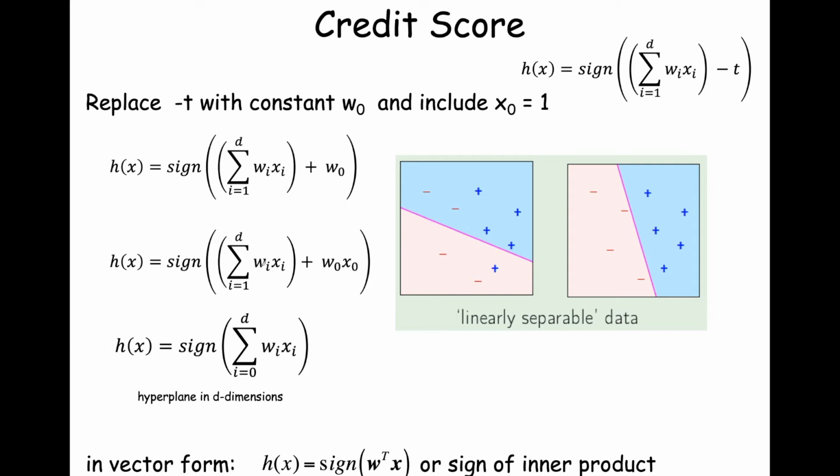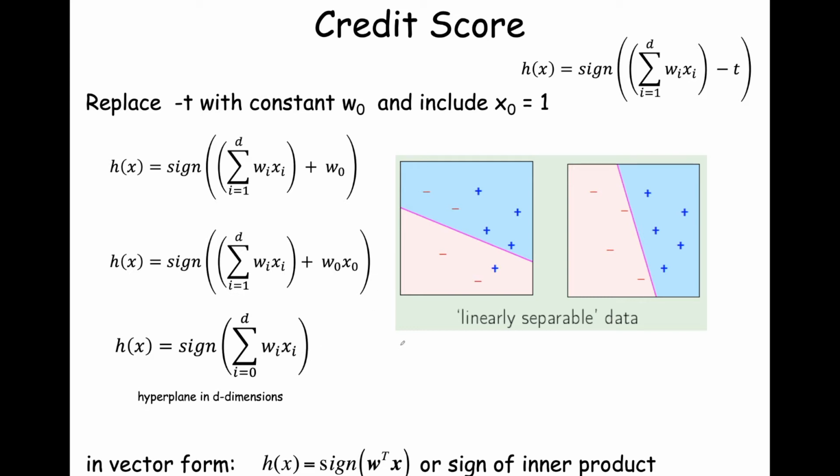We ended up with our score plus the term w0 x0, and made the observation that it's the same form as the terms in this score. So we folded that into the summation, changing the index, and we get the sign of the sum, i goes from 0 to d, of wi times xi.